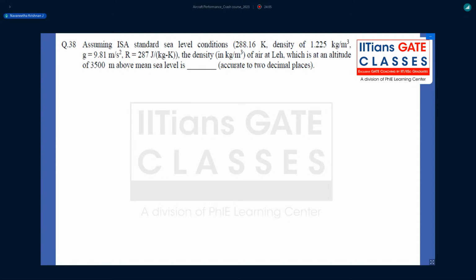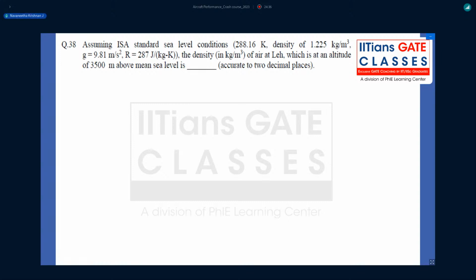Question number 38. Assuming ISA standard sea level condition, where temperature is 288.16 Kelvin, density equal to 1.225 kilogram per meter cube, acceleration due to gravity is 9.81 meter per second square, and gas constant equal to 287 joule per kilogram Kelvin.